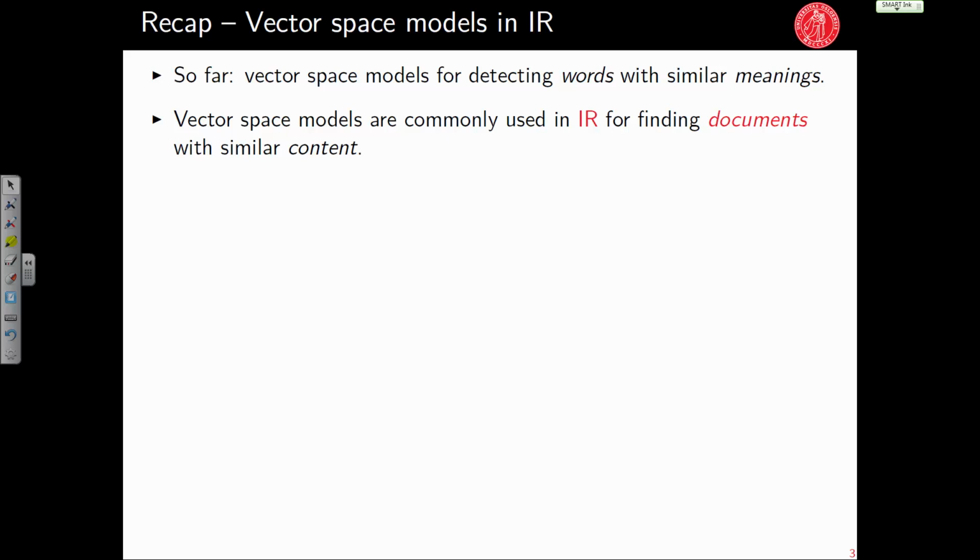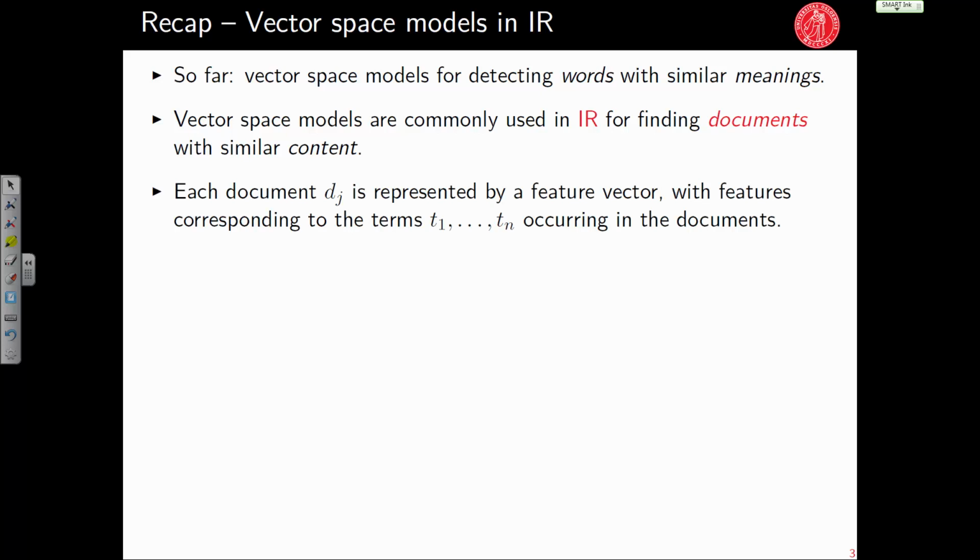In IR, we are interested in finding documents with similar content. So not words, but rather documents. When I say IR, you can immediately think of search engines. When you search something on the internet, you write a query, and the returned result is a set of documents, which are web pages. So we can use vector space models to represent documents.